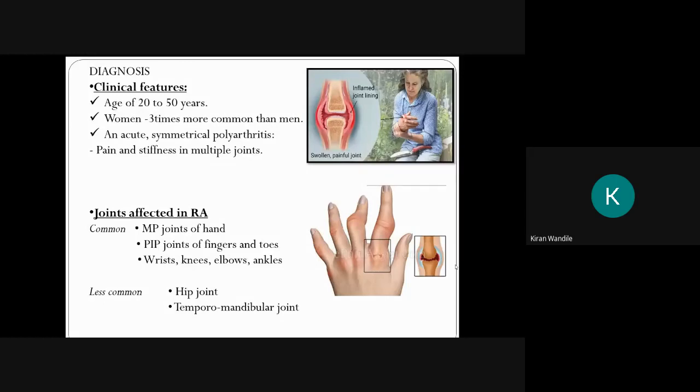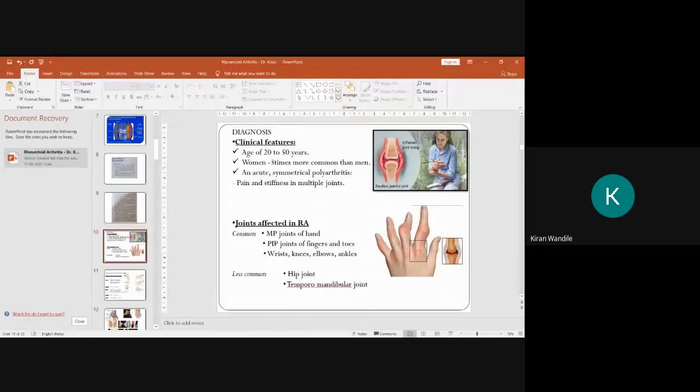Which is the second joint after hand and feet which is commonly involved in rheumatoid arthritis? Chat box. The second commonest joint which is involved, I will tell the answer later on.